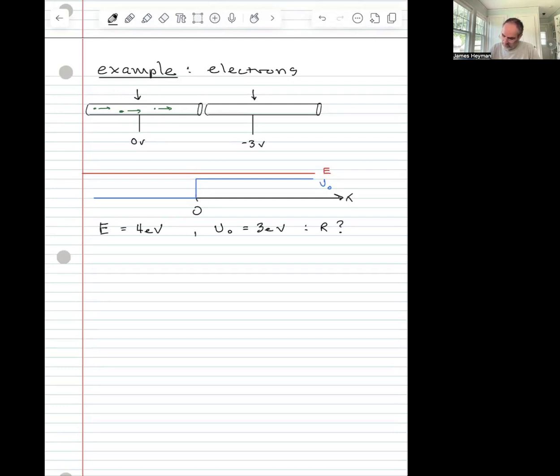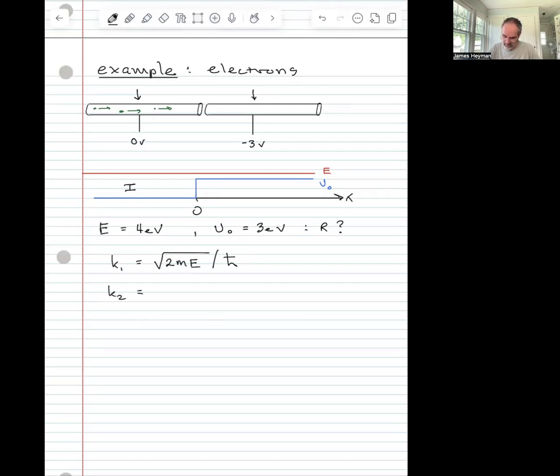Remember, the electrons are defined by their K values in each region. In region 1, the kinetic energy of the electrons is 4 electron volts, and K1 is equal to the square root of 2mE over h bar.